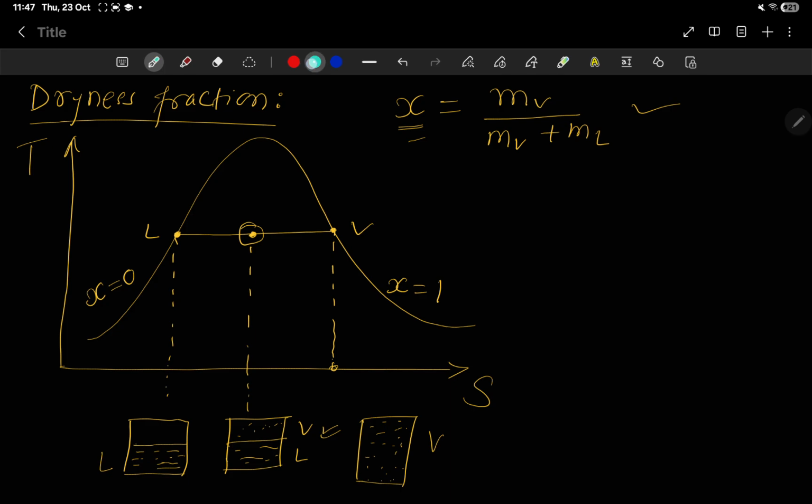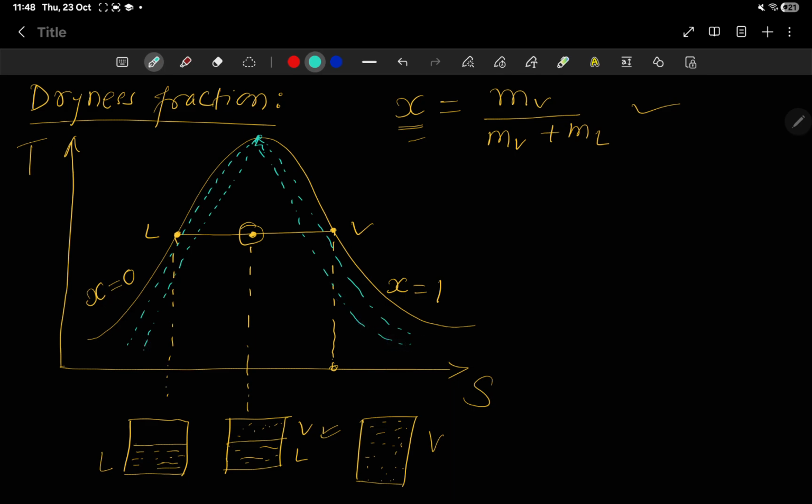Now let's try to draw these different dryness fraction curves.